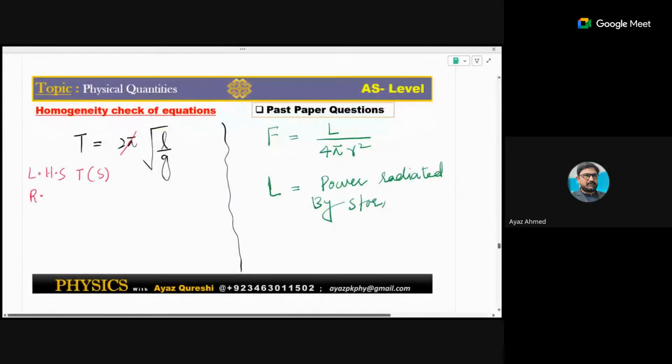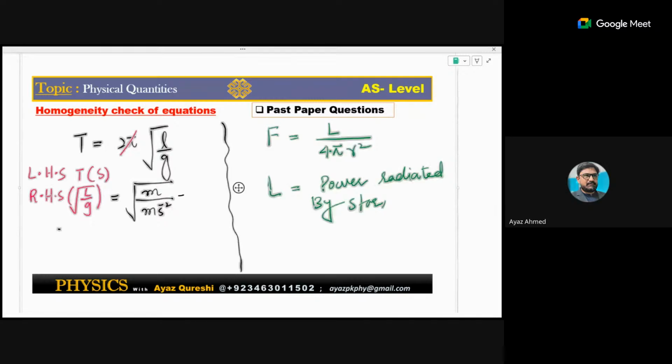For right hand side, what do you have? You have square root of L divided by g. So you will place all the values and then you will simplify. What is the SI base unit of length? It is meter. What is the SI base unit expression of g? It is meter per second squared, with square root. Don't keep it without the square root.